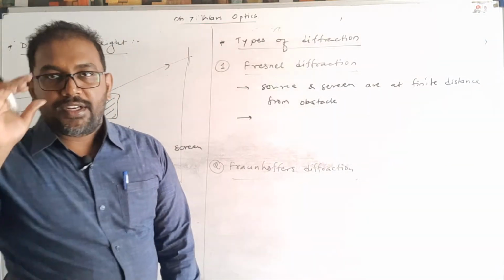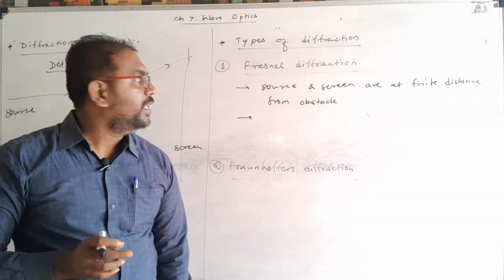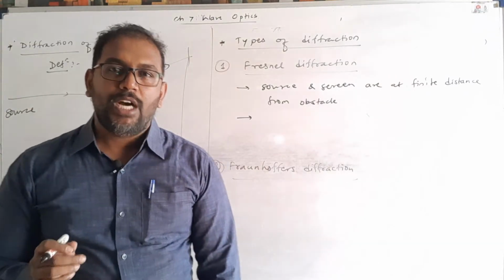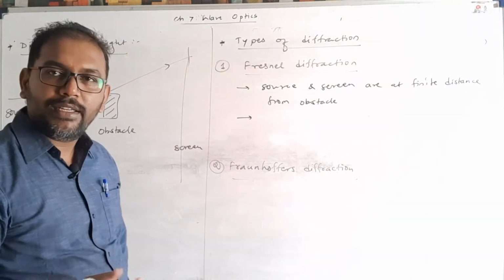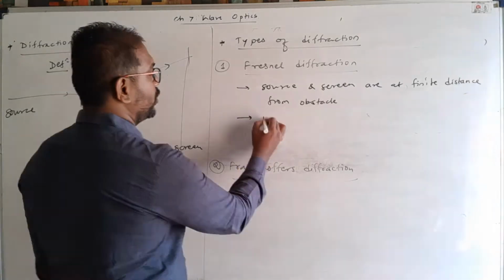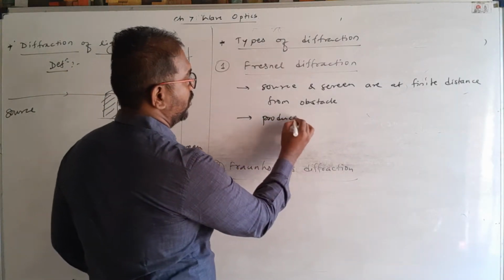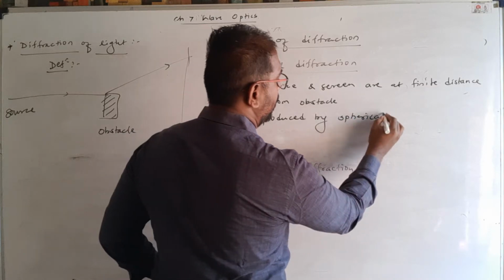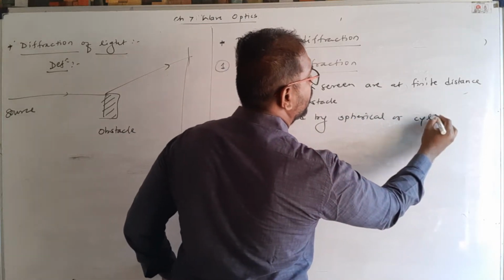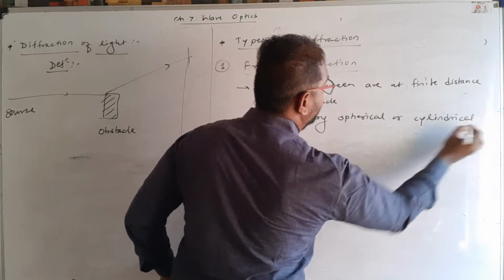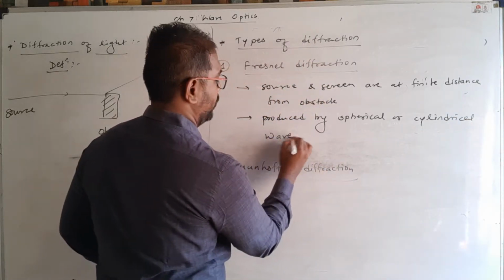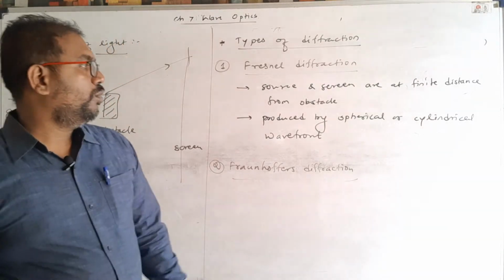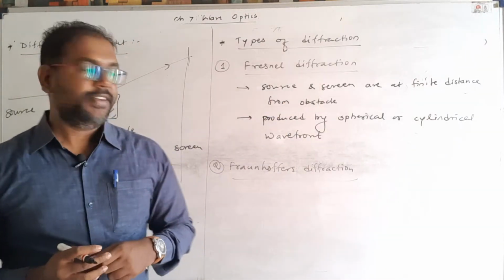Now here distance is finite, and because of that, generally this Fresnel diffraction is produced by a point source, or spherical wavefront, or cylindrical wavefront. So these two wavefronts can produce Fresnel diffraction pattern.